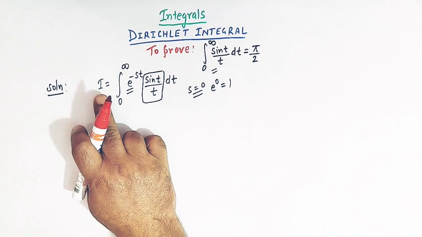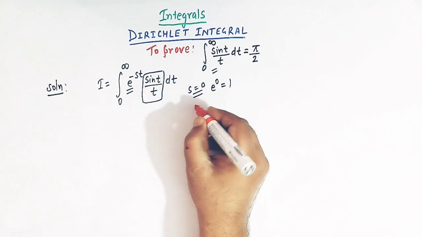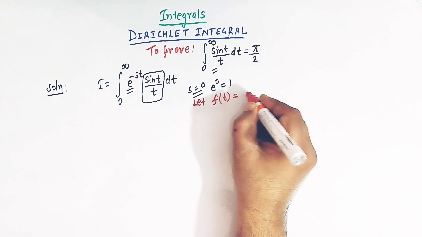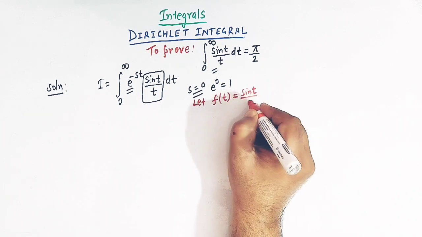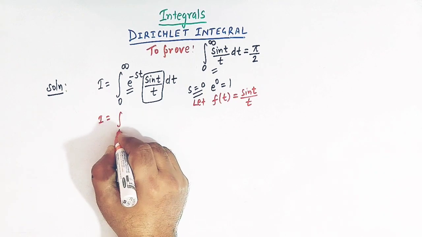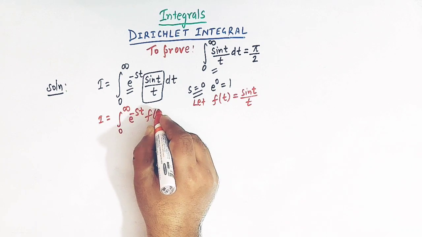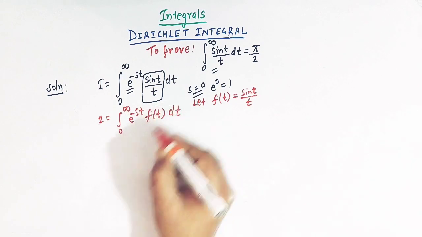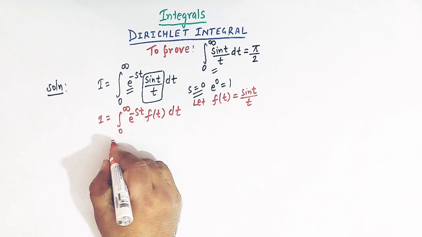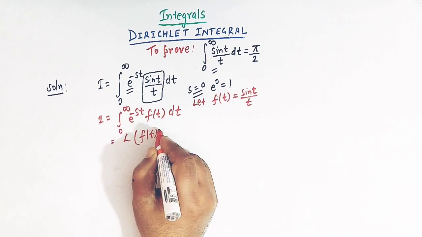So now we take this integral and let us take this function, that is sine t over t, as f of t. So we'll take f of t equal to sine t divided by t. So now this integral becomes 0 to infinity e raised to minus st f of t. And now we can see that this integral is the Laplace transform of this function f of t.